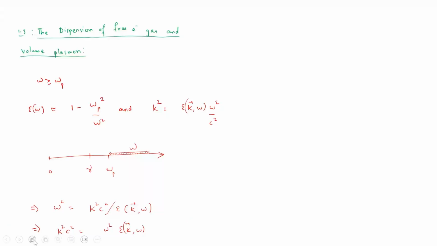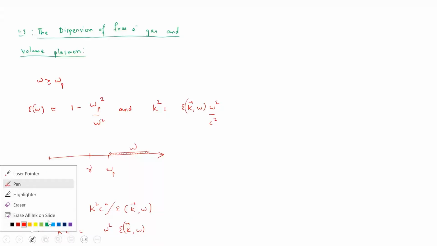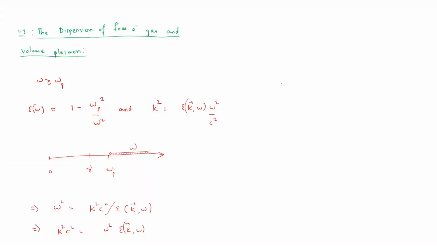Now what we are going to do, we'll start from here. This is what we had derived here at the bottom, and instead of epsilon we are going to write omega square times 1 minus omega p square over omega square.